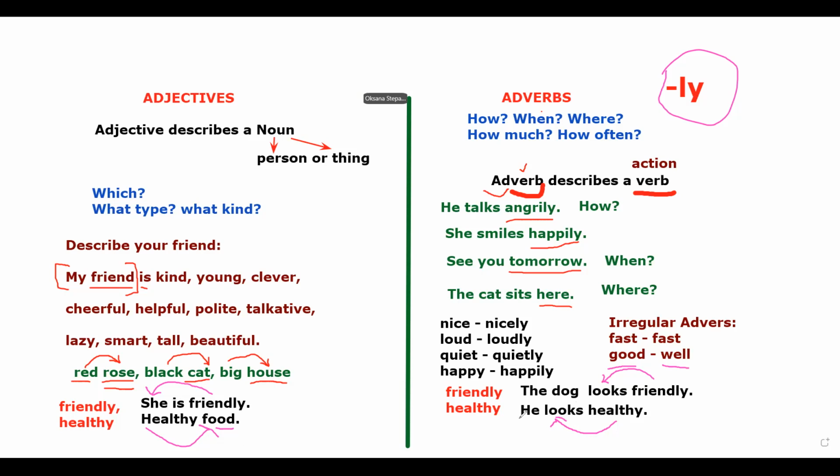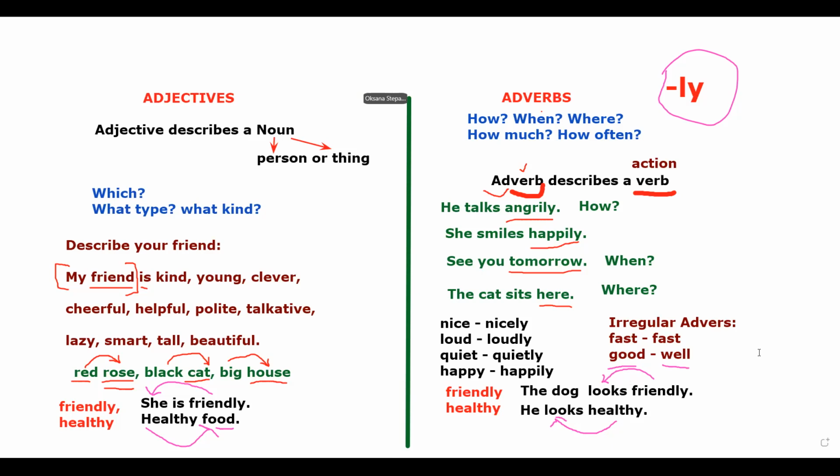So there might be such tricky moments with these parts of grammar, but you have to look at the meaning or structure of the sentence. You have to look whether it describes a noun, someone, a person, a scene like big house, black cat, red rose, or it describes how something is happening.